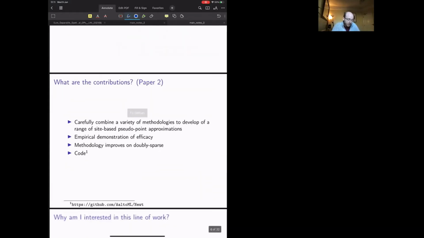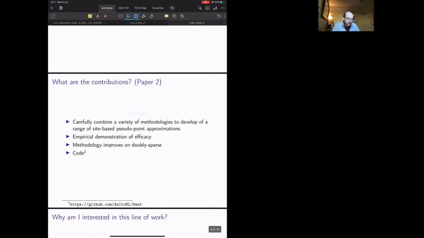The second paper pushes this a bit further. The thing I'm going to focus on here is that it shows how to parameterize the approximate posterior in a particular way that works quite nicely and is an improvement over the first paper. We'll get onto that in more detail.